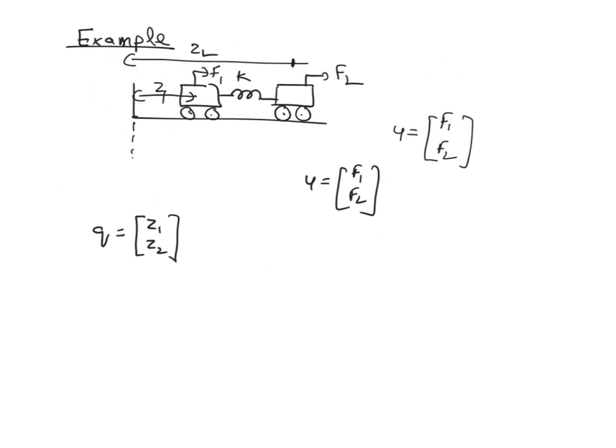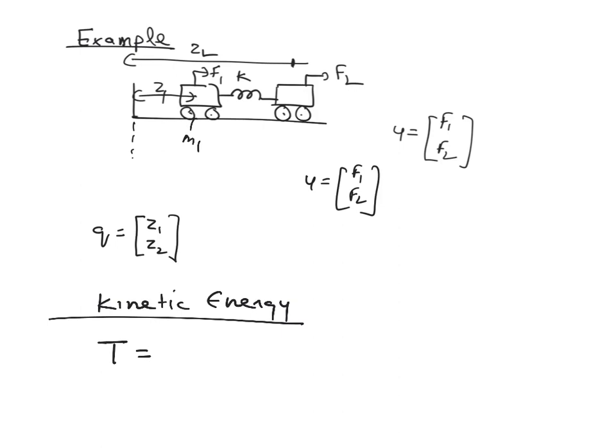Once we do that, we can find the total kinetic energy T. The mass of this cart is M1 and the mass of the other is M2. Kinetic energy depends on velocity, so the first term will be half M1 Z1 dot squared, where Z1 dot is the velocity of cart 1, and Z2 dot is the velocity of cart 2.